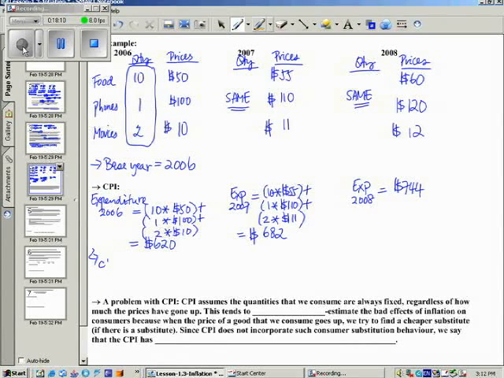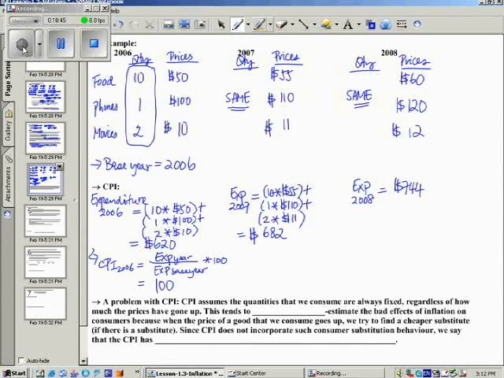What I just need to do is, consumer price index for the year 2006, I look at my expenditure for the year in question divided by the expenditure of my base year times 100. And because the year in question and the base year is the same for the year 2006, this would be just simply 620 divided by 620 times 100, 100 as the base year.